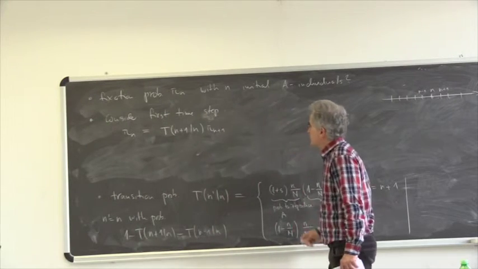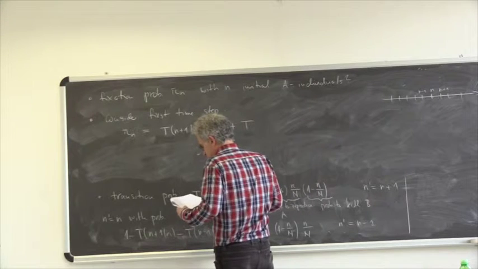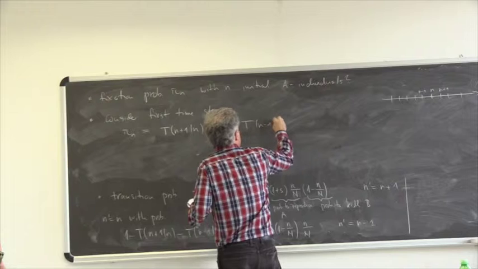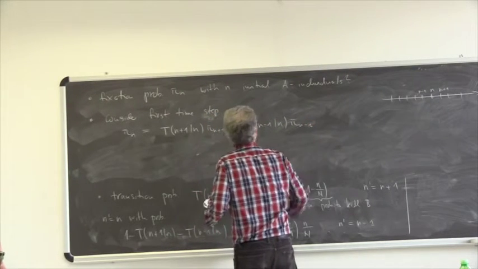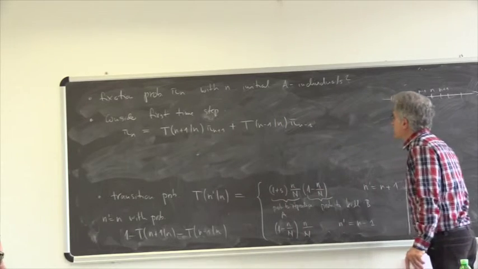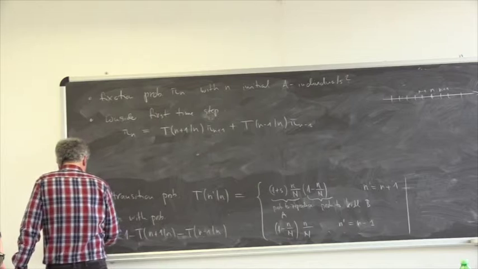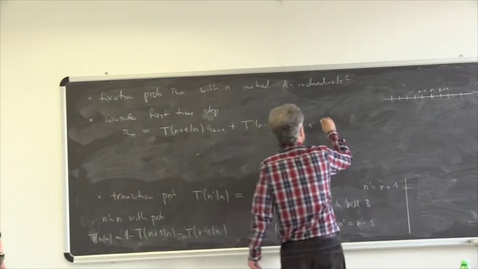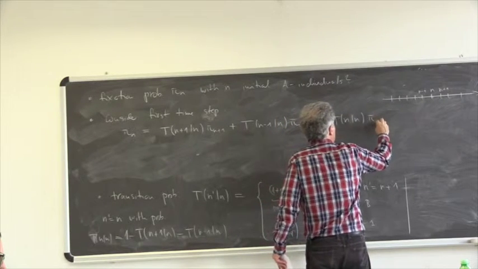Right? Or if I go to n minus 1, then I will have to go to fixation from n minus 1. And if I stay where I am, so this is this thing here, T of n n, then I have pi n again.